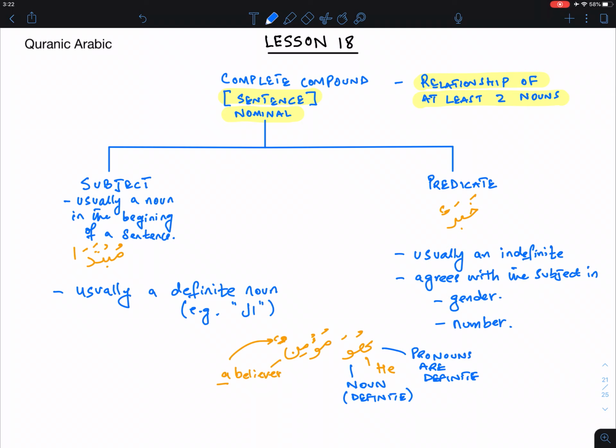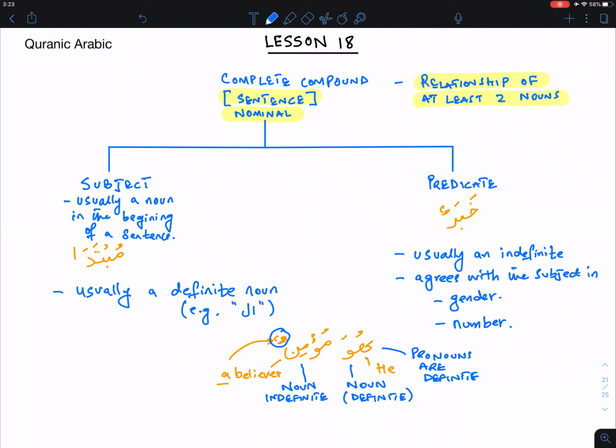Huwa is a noun. It's definite. And mu'minun is a noun. How do we know that? It's because of the tanween. It accepts tanween. Nouns accept tanween. Okay, so that's a noun. And now I can easily see, based on the rules I know, because it's taking tanween, it is going to be indefinite. Okay? And when that's indefinite, the rules we've learned, two nouns coming together makes a compound.